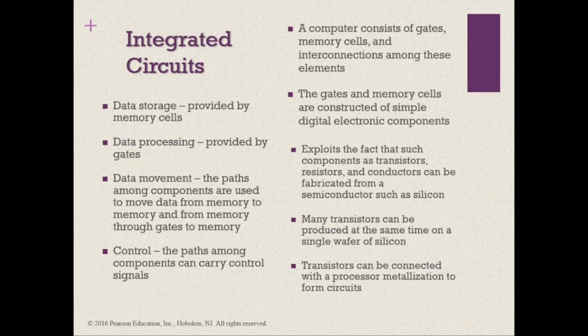It is merely an extension of the solid-state art to fabricate an entire circuit in a tiny piece of silicon rather than assemble discrete components made from separate pieces of silicon into the same circuit. Many transistors can be produced at the same time on a single wafer of silicon. Equally important, these transistors can be connected with the process of metallization to form circuits. We can see the illustration in the next figure.